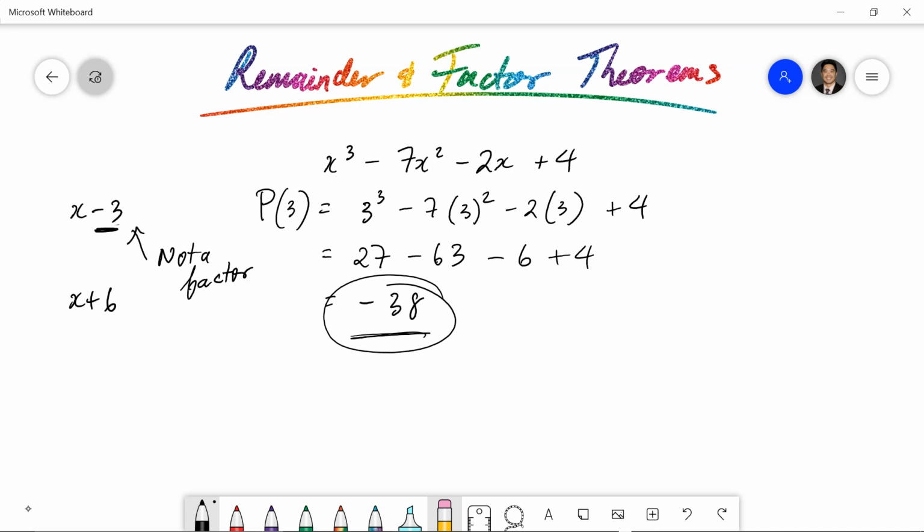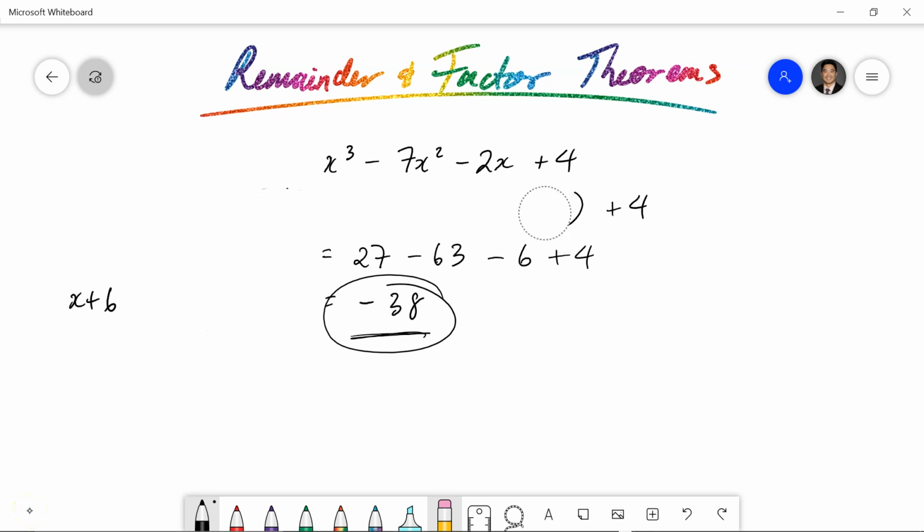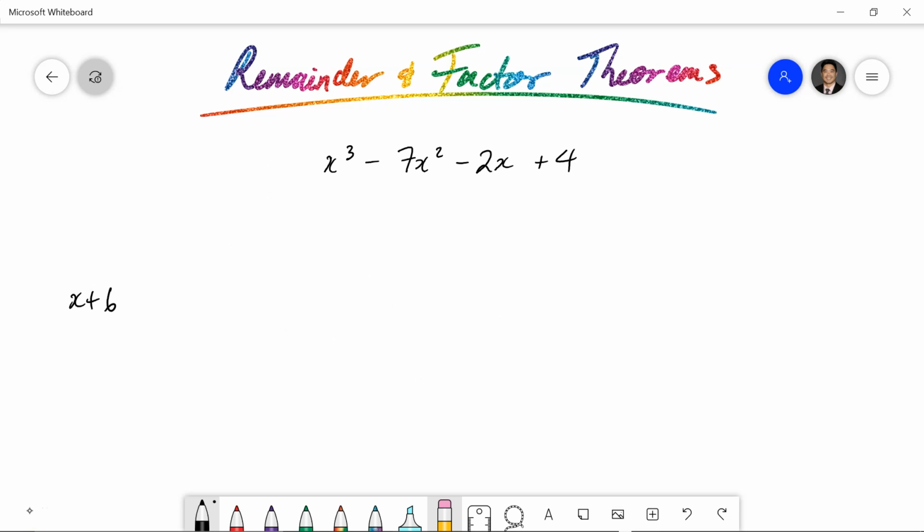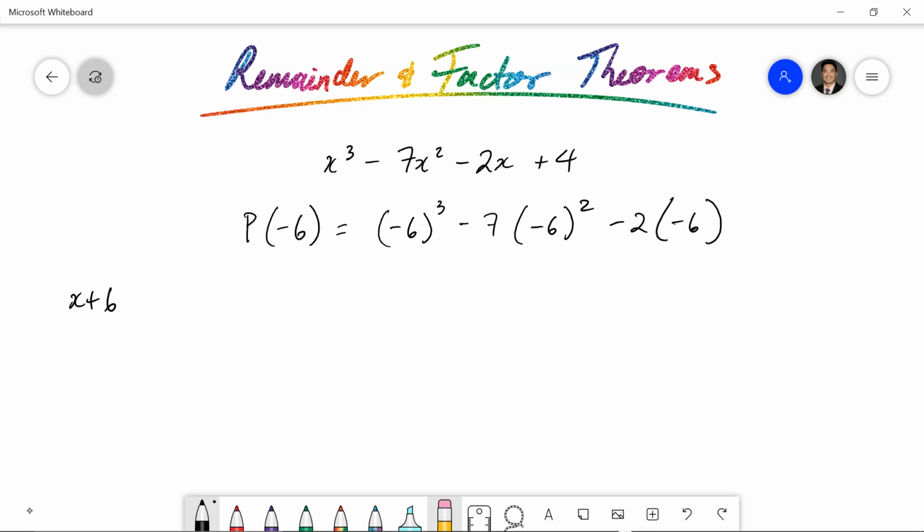Let's look at it again with x plus 6. I'll clear this out and do exactly the same thing, but in this case we'll have p of minus 6. So we'll have minus 6 all cubed, minus 7 times minus 6 all squared, minus 2 times minus 6, plus 4.